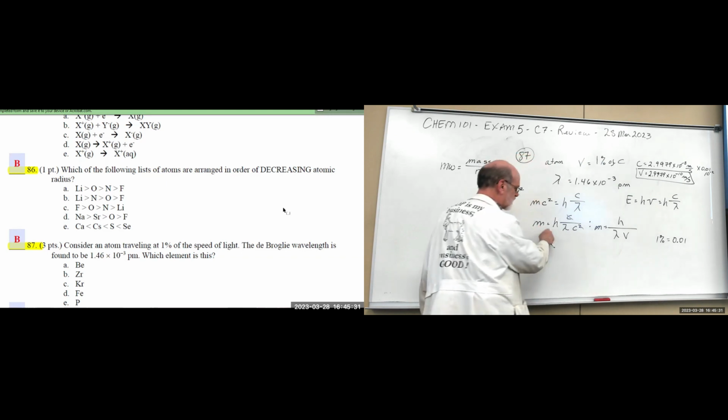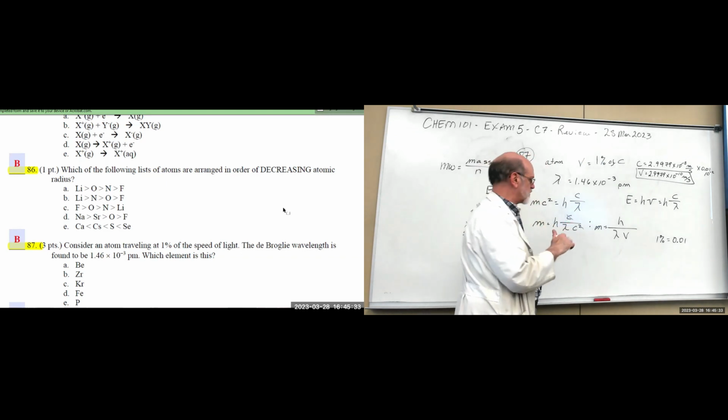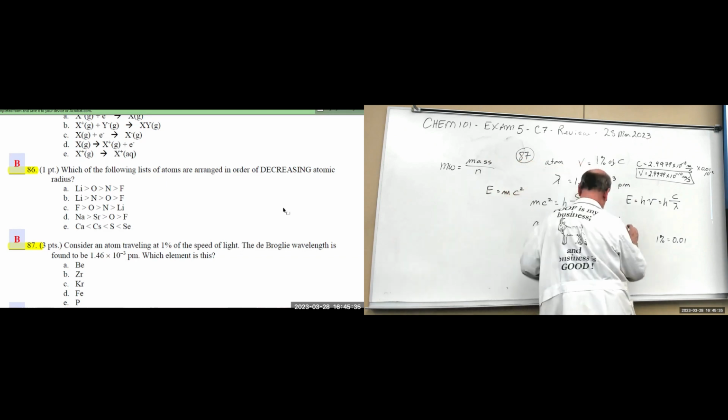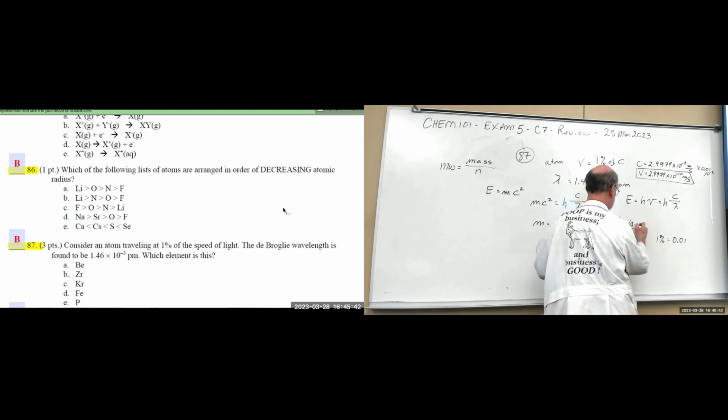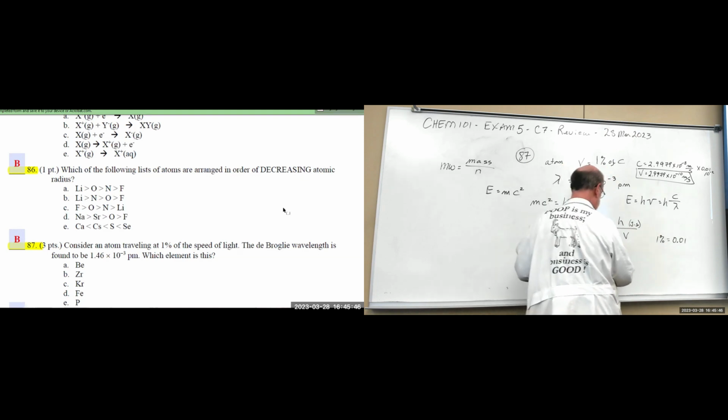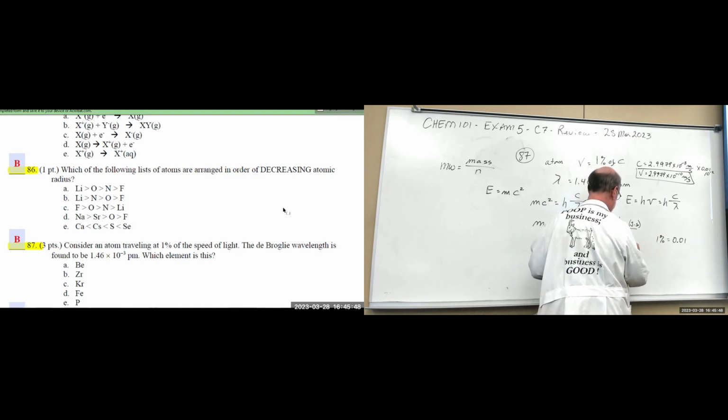So what units of measure is this mass going to be in? Planck's constant is in joule seconds, this is in meters, and this is in meters per second.